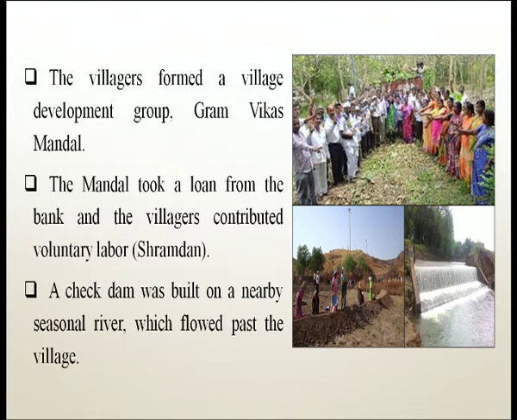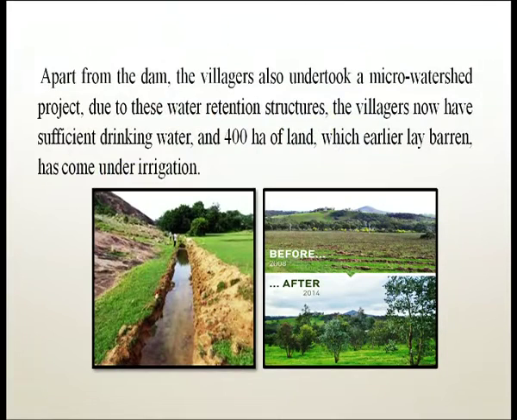A check dam was built on a nearby seasonal river which flowed past the village. Apart from the dam, the villagers also undertook a watershed project. Due to these water retention structures, the villagers now have sufficient drinking water and 400 hectares of land which earlier lay barren has come under irrigation.